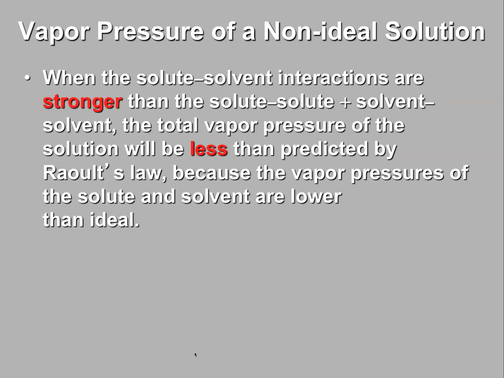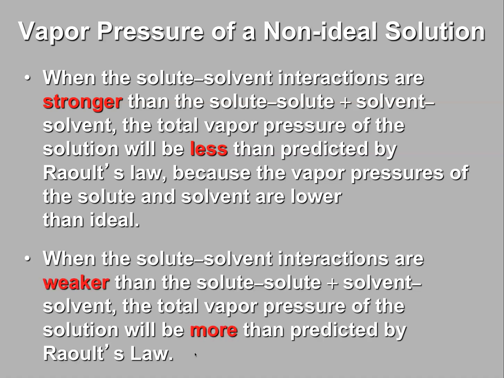Alrighty then. So, vapor pressure of a non-ideal solution. Again, looking at it from the interaction perspective, when the solute-solvent interactions are stronger than the individual interactions of solute and solvent, the vapor pressure will be less than predicted, negative deviation, because the vapor pressures of the solute and solvent are lower than what was expected from an ideal point of view.